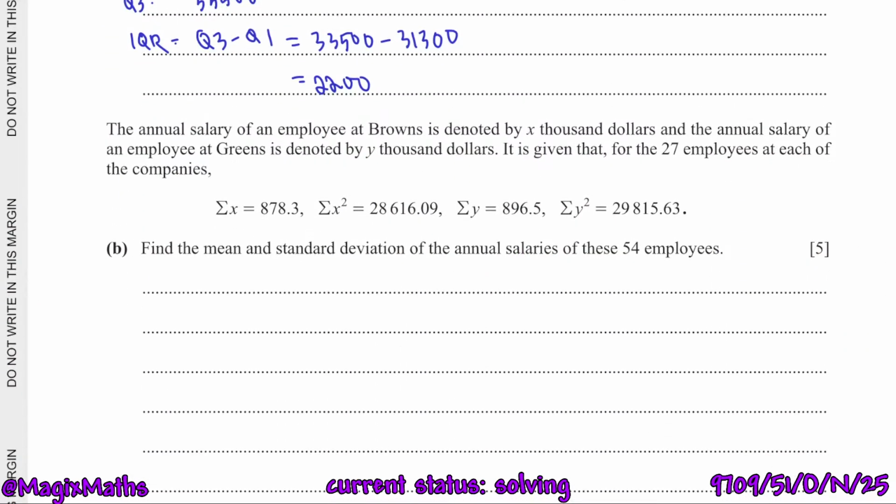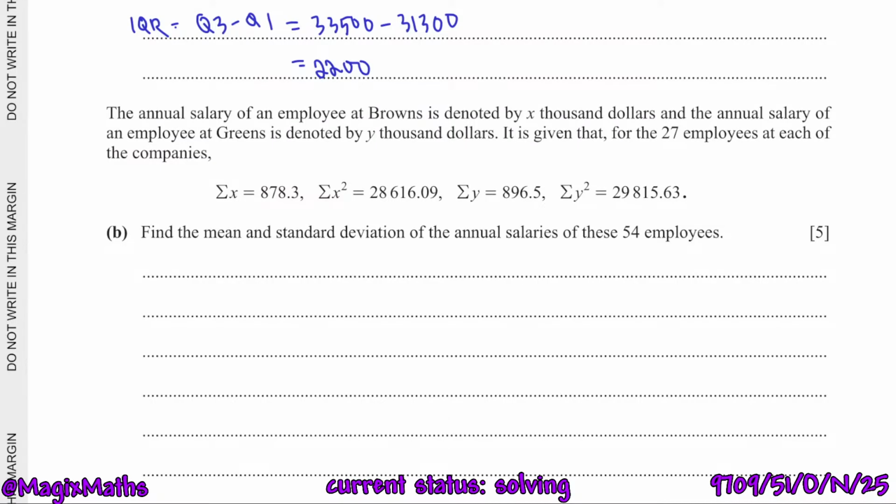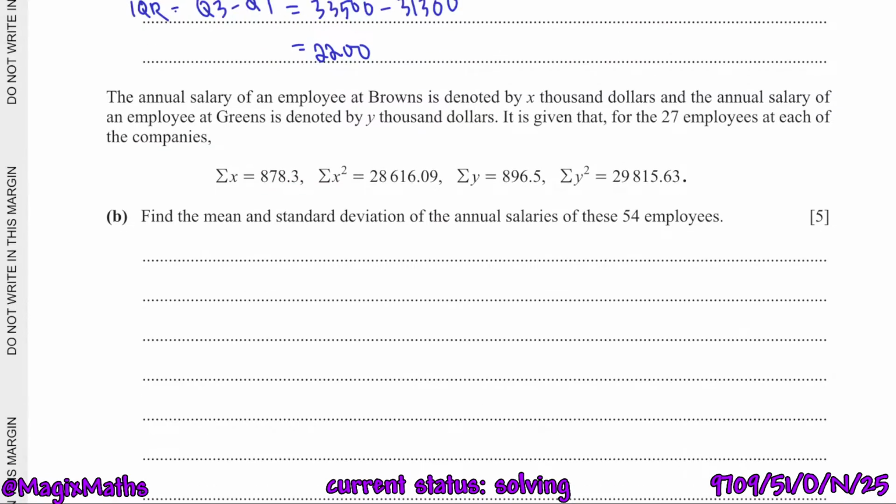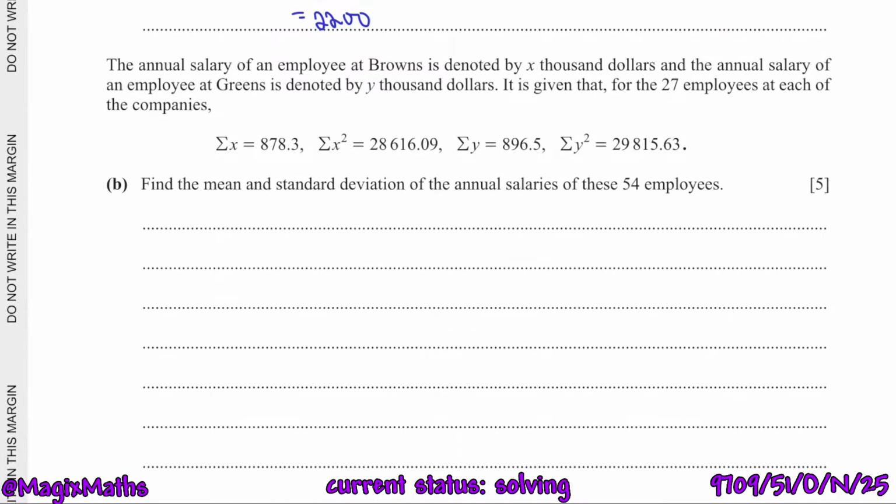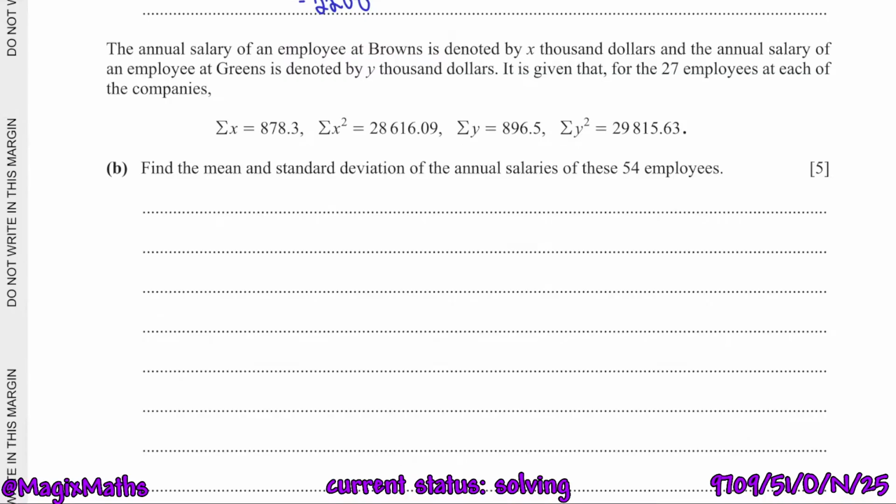Moving to the next part, the annual salary of employees at Browns is denoted by X thousand dollars, and at Greens by Y thousand dollars. Okay, sum of X is this. Now we need to find the mean and standard deviation of the annual salaries of these 54 employees, which means that we need to total up. So if we wanted to find the mean, it's just the sum of X divided by N. In this case, N is 27.